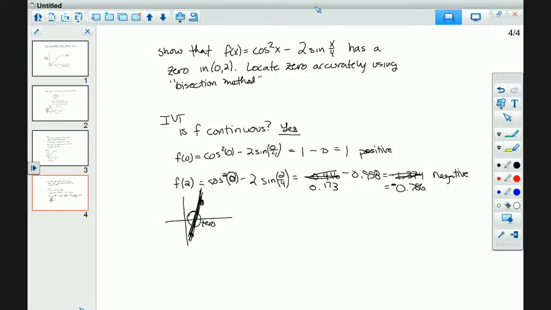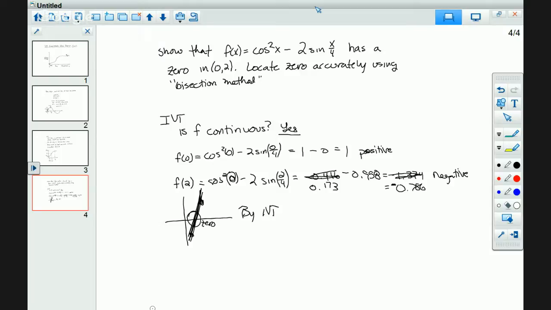So on the AP exam, if you say this, they automatically think you're including continuity. You don't have to say both of them.